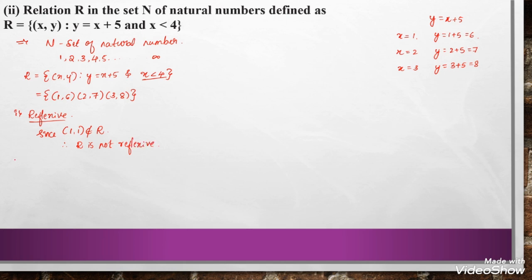In a similar manner, check for the symmetric condition.